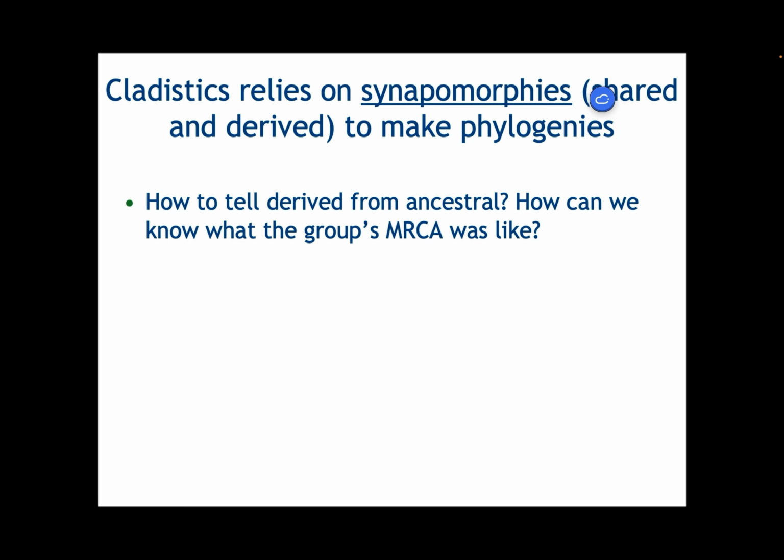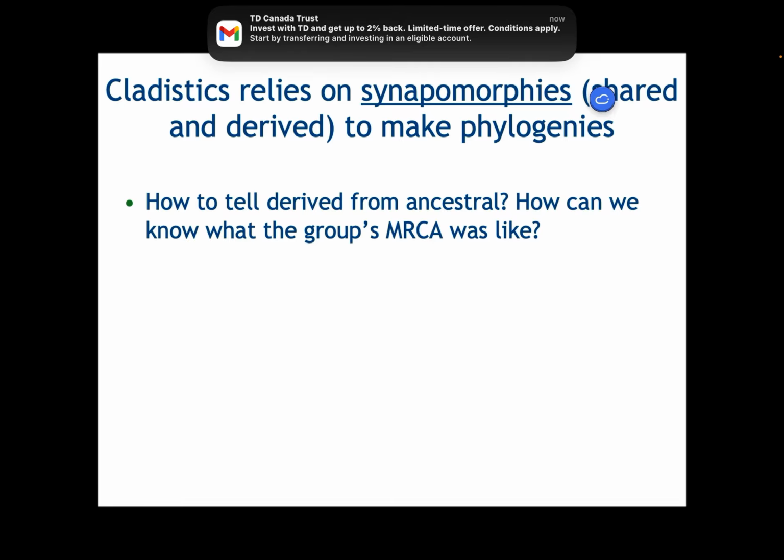Those are the ones that will provide us with the best information about evolutionary relationships. And it's very easy to see whether a trait is shared. It seems at first harder to tell whether a trait is derived versus ancestral. How do we know what the most recent common ancestor of the group had if we don't have it preserved in the fossil record?